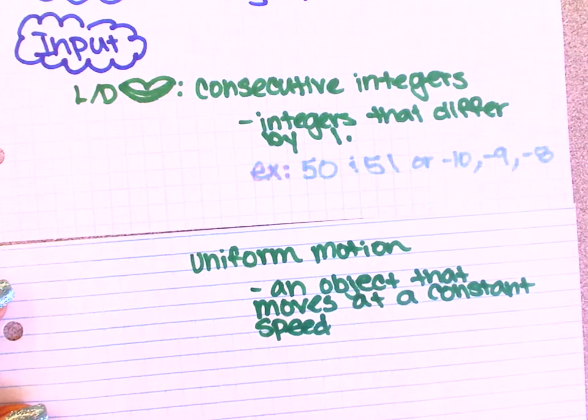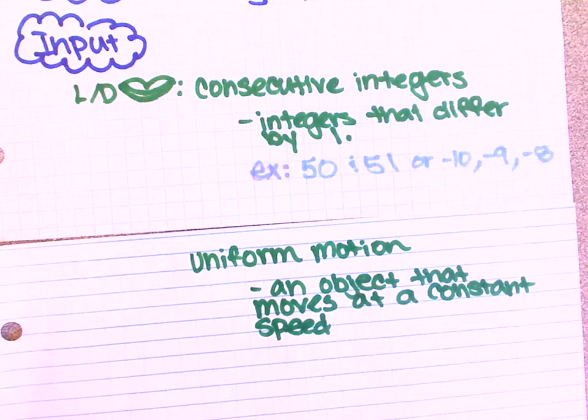That's it. An object that moves at a constant speed. Uniform motion. All in one motion, constant speed, doesn't stop. You might see the word uniform motion in your word problem. Okay? Alright, so, of course, we always have to write the steps to solve the problem.